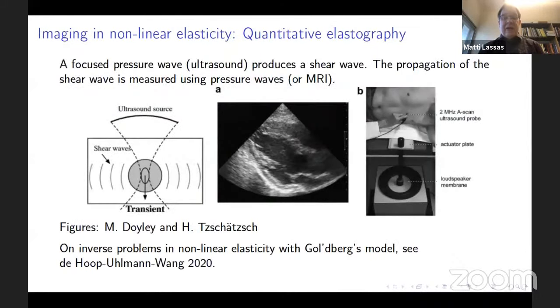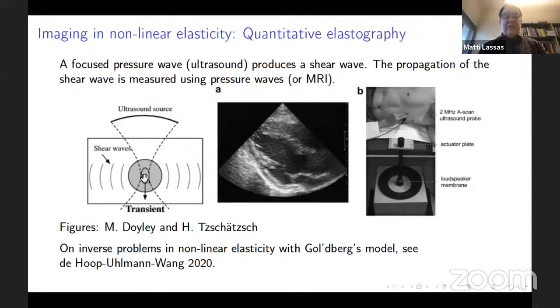Also, there are very interesting medical tools based on nonlinearity. For instance, quantitative elastography, where you use elastic waves to measure physical structures, and this is used already in practice. In quantitative elastography, the idea is that you have some medium where you send an ultrasound wave. The ultrasound waves are mathematically elastic waves with p polarization.